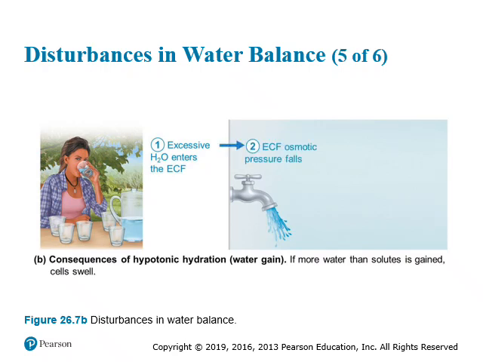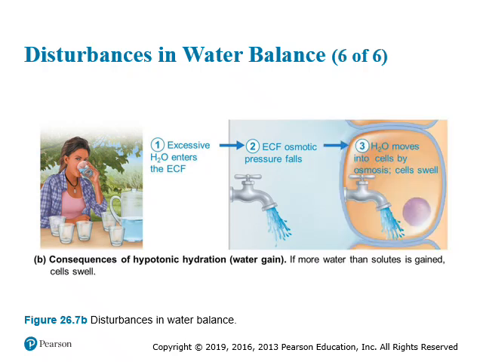If excessive water enters the extracellular fluid, the extracellular fluid osmotic pressure will fall, leading to water moving into the cells by osmosis, making the cells swell. So here you're overhydrating the cells.